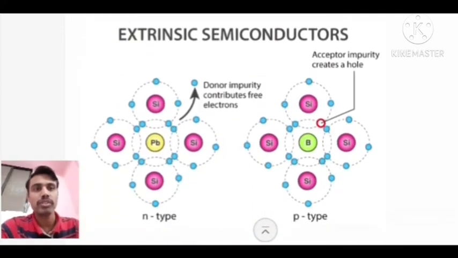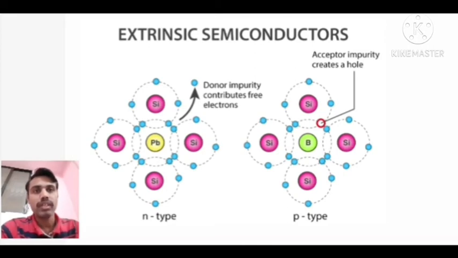There are 2 types of extrinsic semiconductors, n-type and p-type, made by replacing with pentavalent and trivalent impurity respectively. If we replace one silicon atom with one pentavalent atom, we get an n-type extrinsic semiconductor, while if we replace one silicon atom with one trivalent atom, we get a p-type extrinsic semiconductor. That we have to understand here.